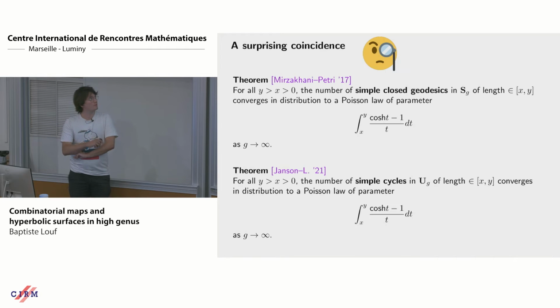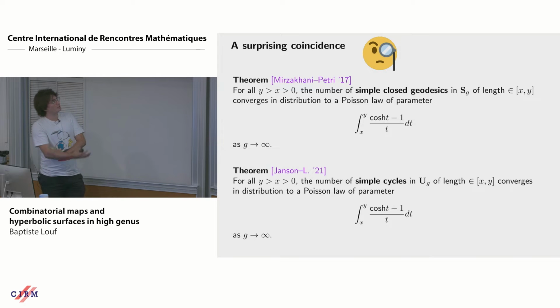A couple of years ago, Maryam Mirzakhani and Bram, who's here, counted the number of simple closed geodesics of a given length in S_G, the random hyperbolic surface. And it turns out that it converges in distribution to a Poisson law with this nice parameter that you see here.